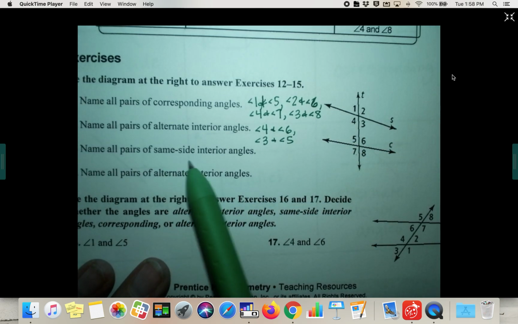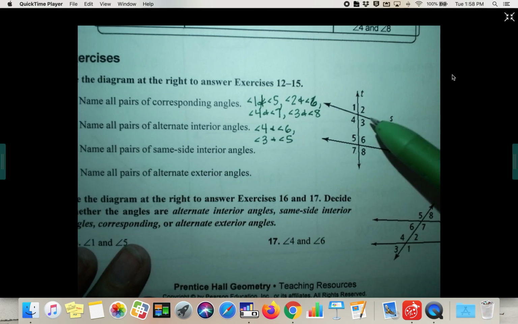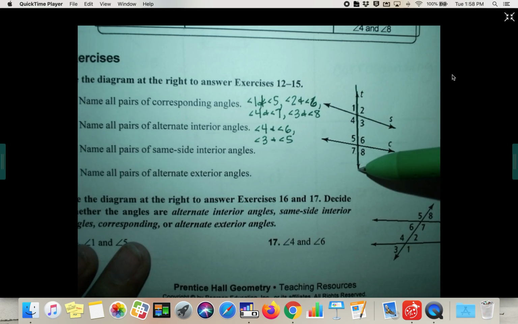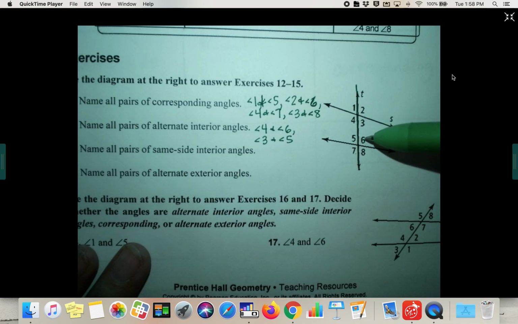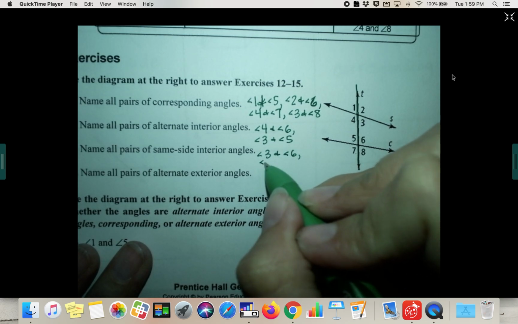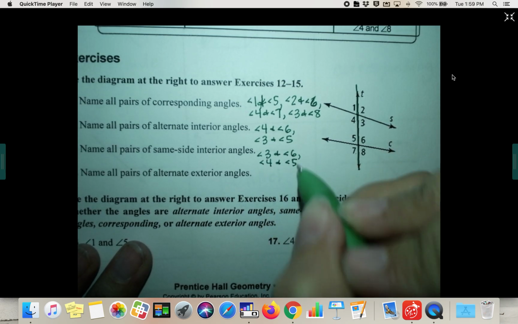All right, same side interior. So we're looking at interior again. So our choices are 4, 3, 5, and 6. But now we're looking at same side. So the same side of this transversal line. That would be 3 and 6, and then 4 and 5. So angle 3 and 6, angle 4 and 5.